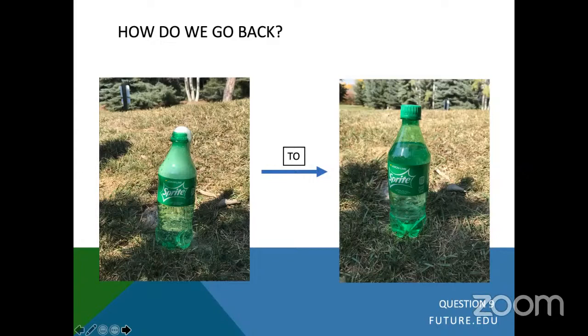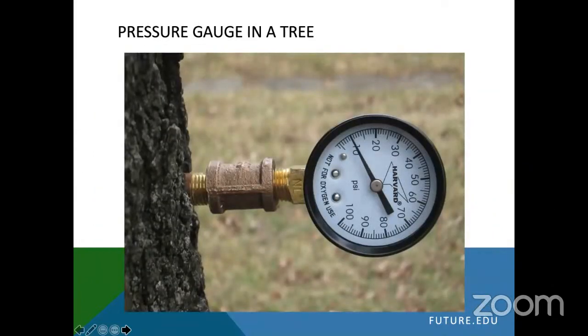Science, science, science. I love experiments. All right, so one day I went out in my backyard during sap flow season. I drilled a hole in the tree, and instead of putting in a tap and a bucket and collecting the sap, I took the pressure gauge off my pump in the basement, and I basically screwed it into the tree. And this is what I got.